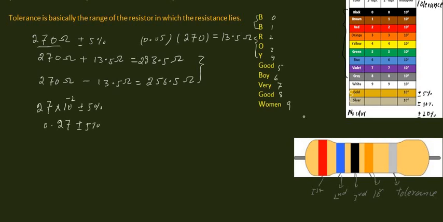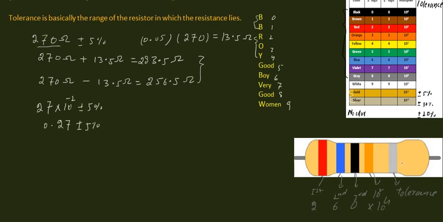From the given table we have the value of red as 2, so the first digit is 2. The second digit has a blue color, and the value of blue is 6. The third digit has a black color, and the value of black is 0. The fourth band represents the power of 10 multiplier, and we have a yellow color, so the multiplier is 10 raised to the power 4 from the given table.